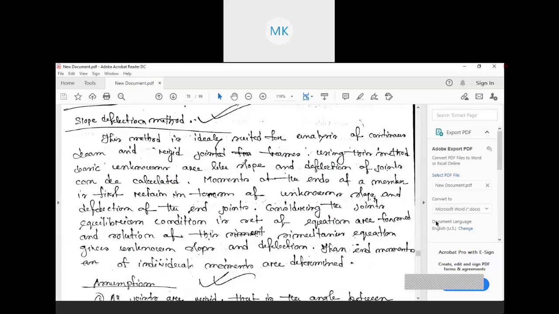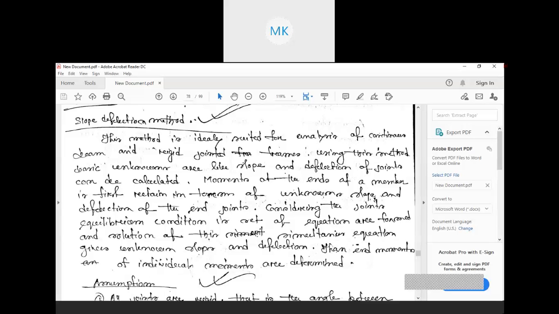Considering the joints' equilibrium conditions, a set of equations is formed, and solving these simultaneous equations gives the unknown slopes and deflections. Then the end moments of individual members are determined. When we discuss a problem, you will come to know how this method works and what we need to do.